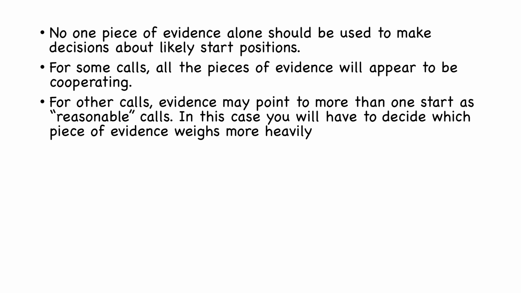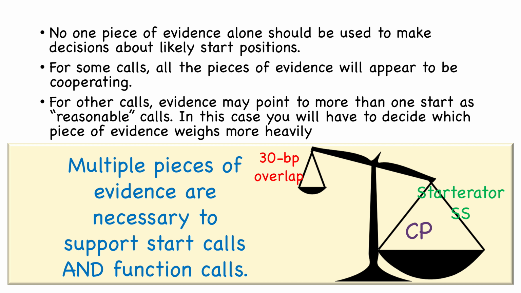You have to weigh all of the evidence together. Sometimes all the evidence will point to one start, but often you'll see some evidence pointing to one start and other evidence pointing to another start. And so you have to make the most reasonable call based on the evidence that you have at hand.